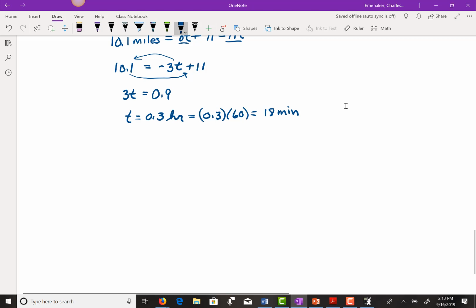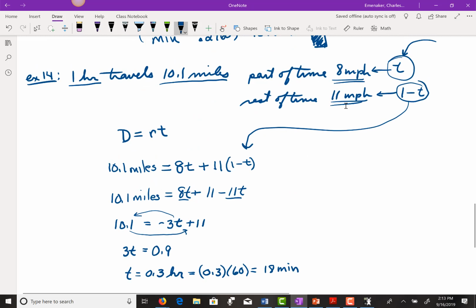Now you got to be careful here because that 18 minutes, is that the total time you were riding a horse? No, what's the 18 minutes referencing? Well, the 18 minutes makes reference to the part of the time you were riding 8 miles an hour.